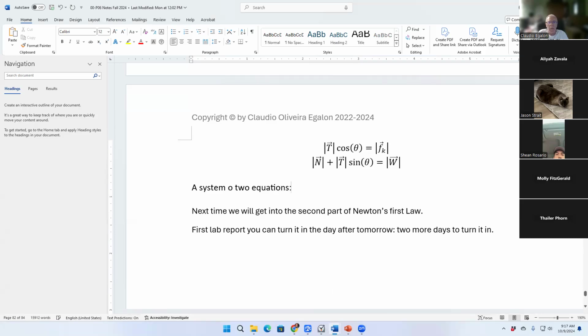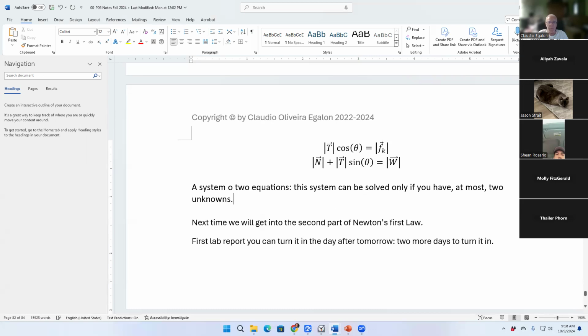This system can be solved only if you have at most two unknowns. If you have three unknowns, you won't be able to solve it.